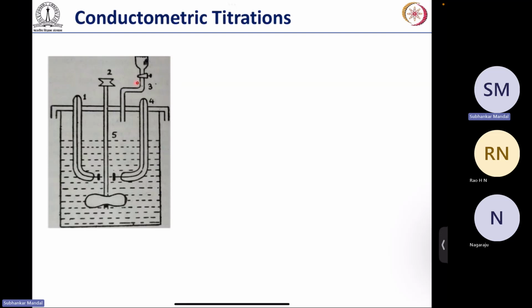When the equivalent point comes, there will be a color change. From there you get to know how much base or acid is required to neutralize that acid. Okay, so that is the thing.